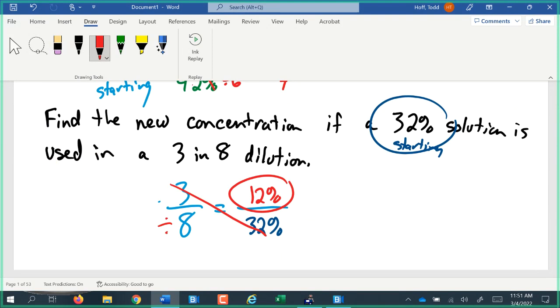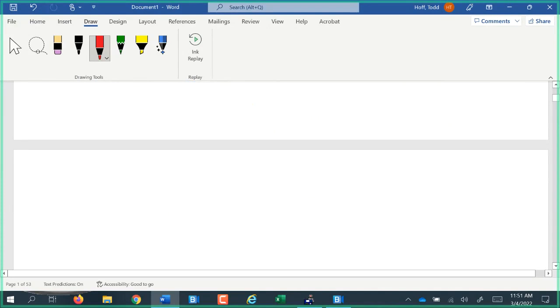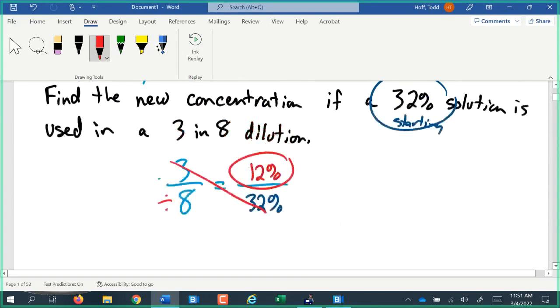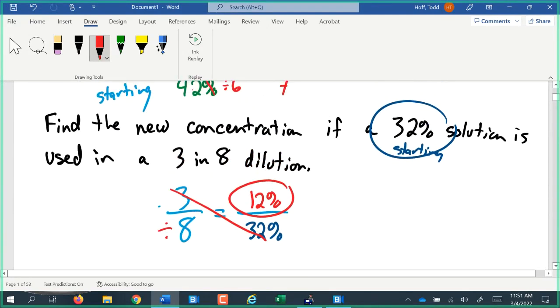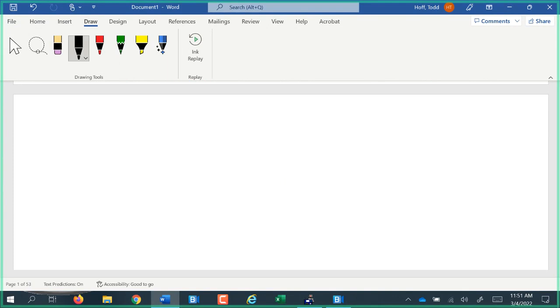So as we had mentioned last class, ratios and proportions are going to be a huge part of doing our dosage calculations. This is one application of them right here. Now the next step of this, since we're going to add some sort of saline to reduce that concentration, would be to figure out how much saline needs to be added.